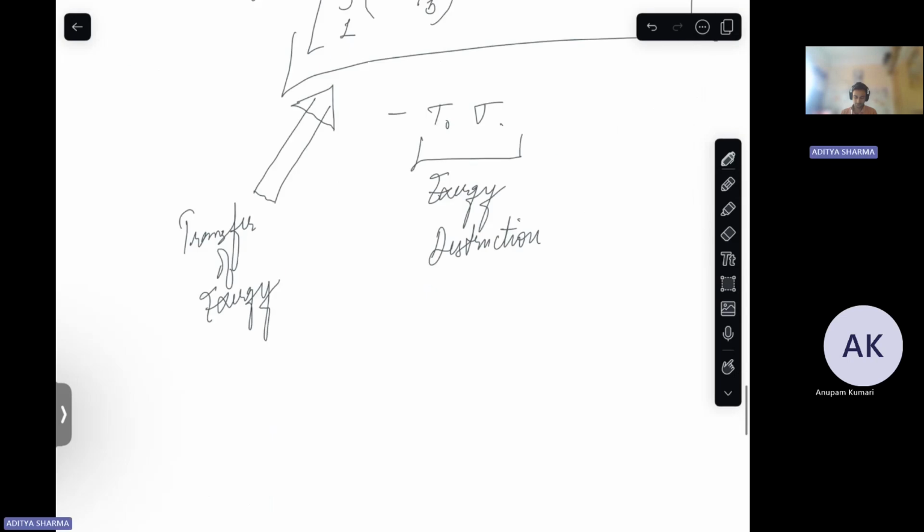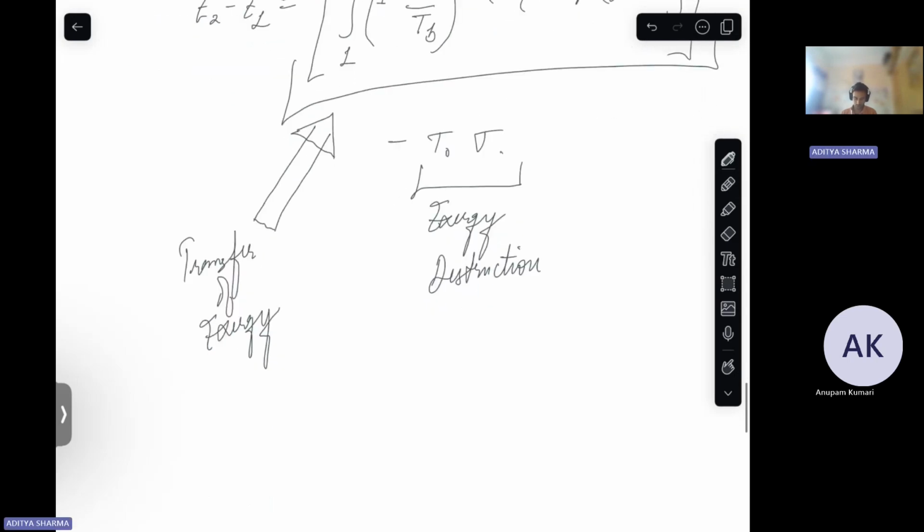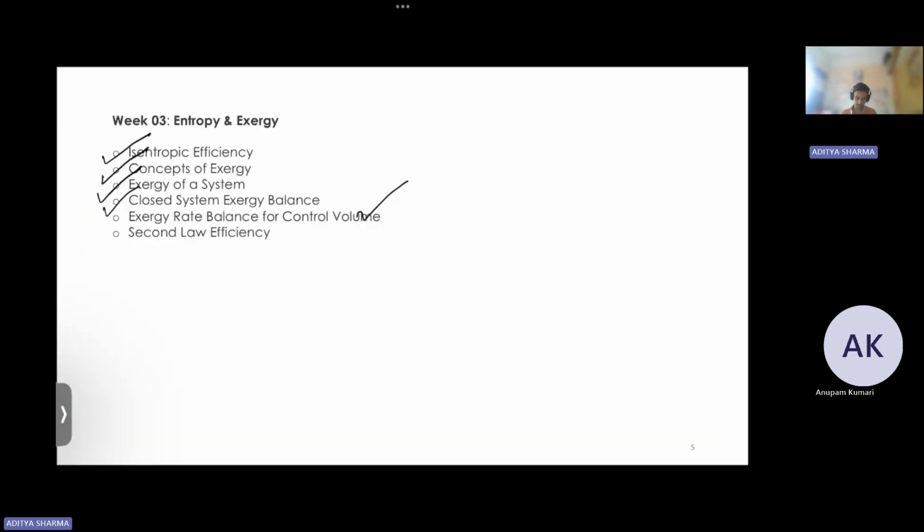All right. Then there is your exergy rate balance for the control volume.